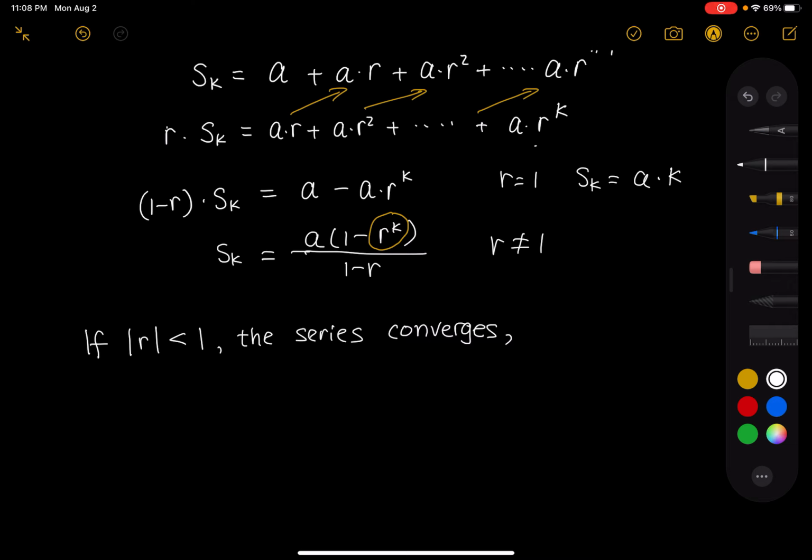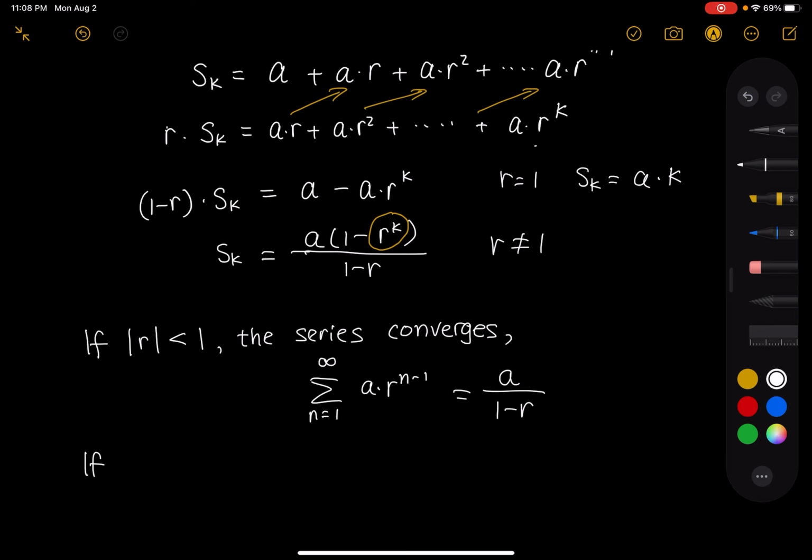Well, r to the k power, as k goes to infinity, r is a decimal number like 0 point something. You keep raising it to a power, and it only gets closer and closer to 0. So this geometric series will just converge to a times 1 minus 0, which is a, divided by 1 minus r.